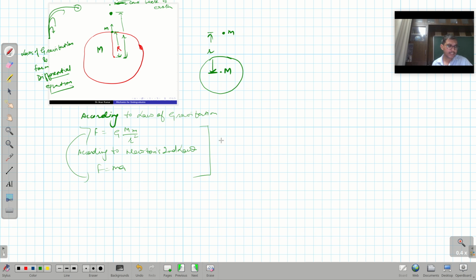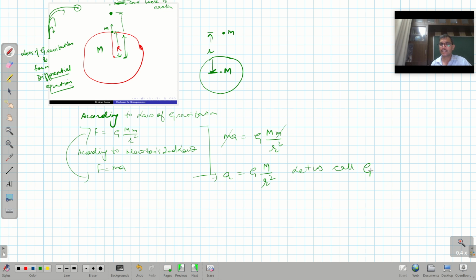That means mass into acceleration is G M m over r square, and this small mass will cancel out. So net acceleration acting on the system is G M over r square.